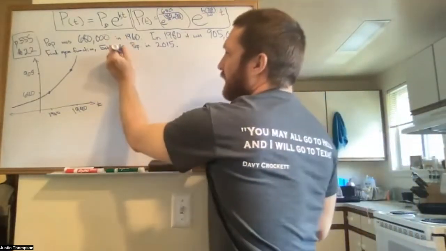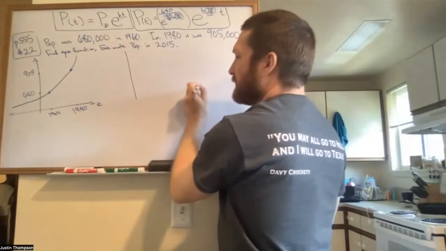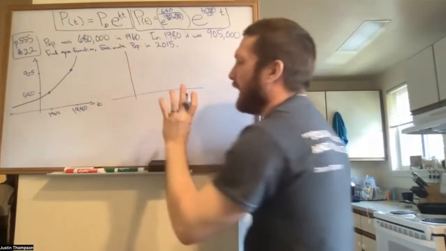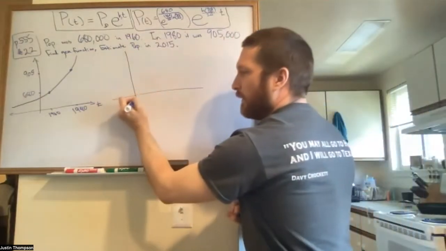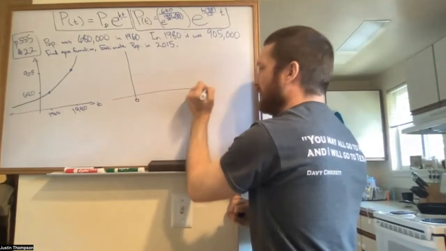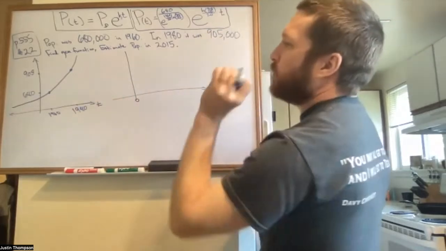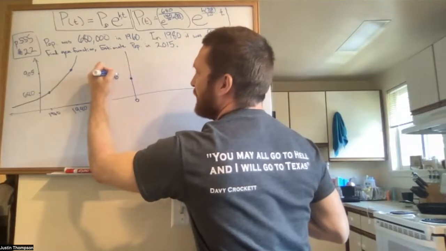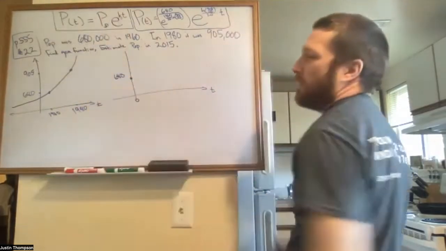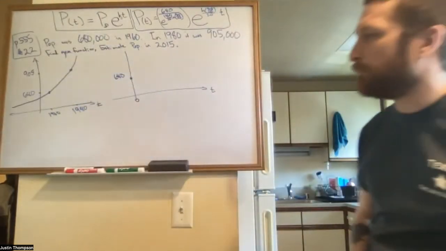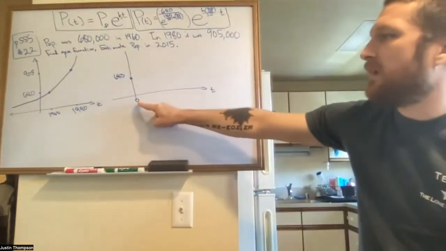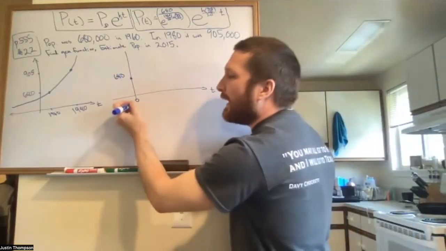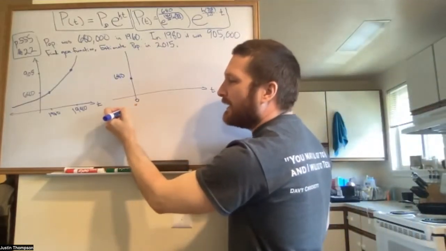And so when I even begin to write this out, this is what it's going to look like. In year 0, here's 0, here's T. My population was 680,000. And so, okay, 680, and I'm not going to write the thousands, same way as before. Only in my head, I'm thinking, okay, 0, and I like to do this when I draw this so that I keep myself honest.